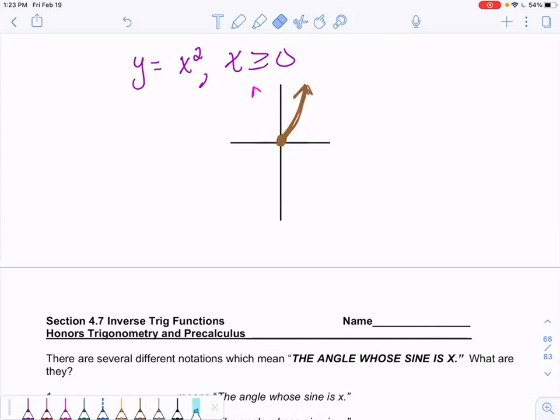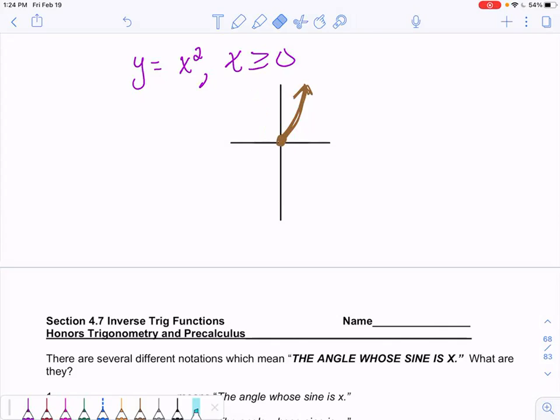The other side of the graph doesn't exist anymore. So if I delete part of the graph, now does this graph have an inverse? Yes. It has the same shape of a parabola, but we're only looking at a piece of it. And that's what we're going to do today.